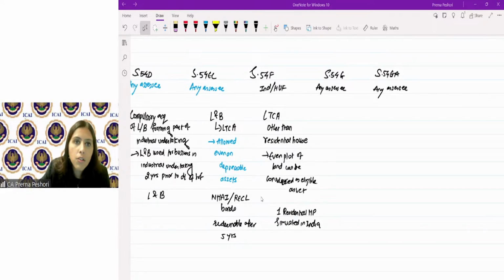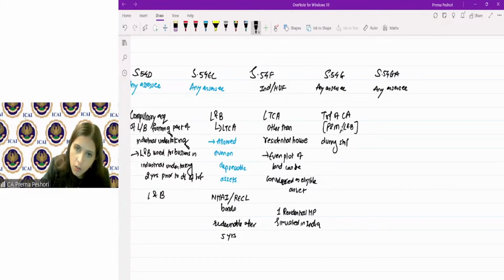54G is applicable on shifting of industrial undertaking from urban area to rural area. And during that shifting, there is transfer of plant and machinery, building, land, or the entire business. So these capital assets are transferred during the shifting of the industrial undertaking from urban area to rural area.